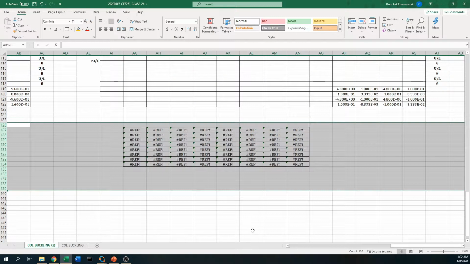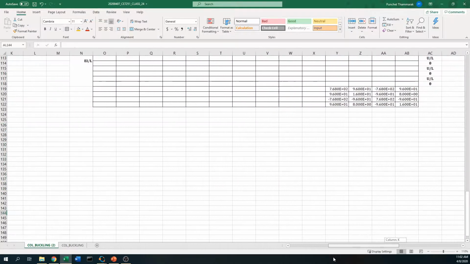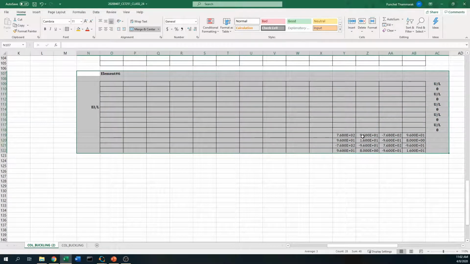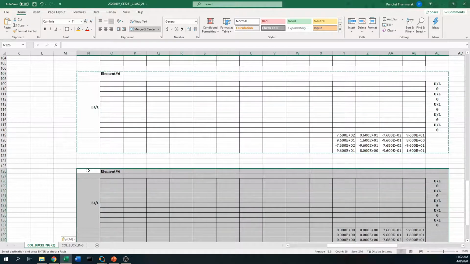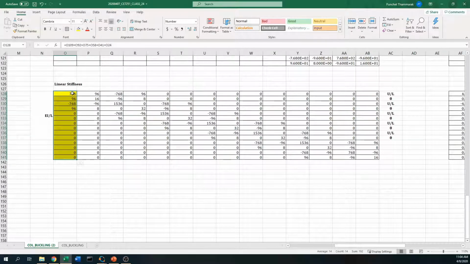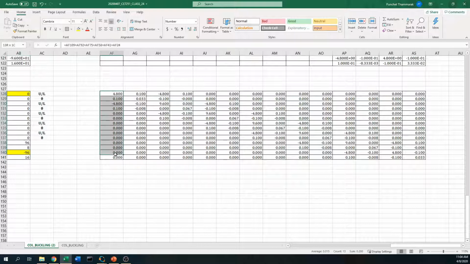Delete, and delete. So I have the system stiffness. All of this could be very easy if we write the program. The first column here, this one here, this one here, and this one here have to be removed out of your consideration.